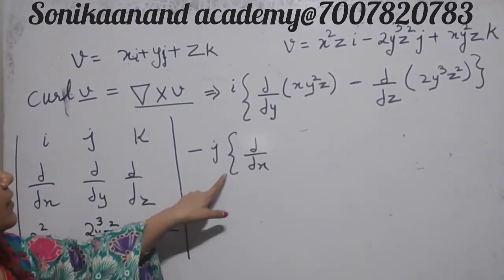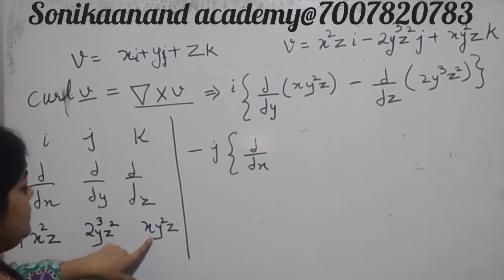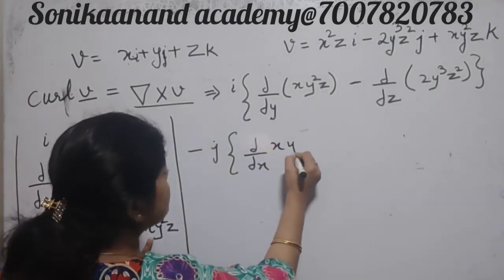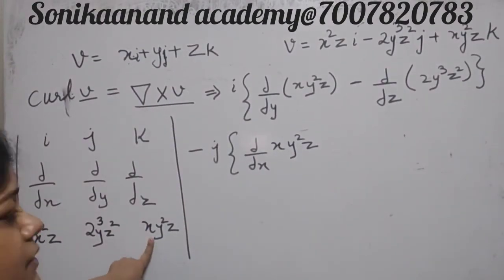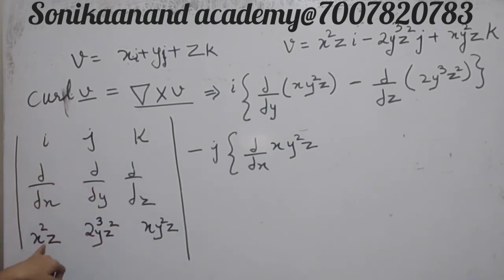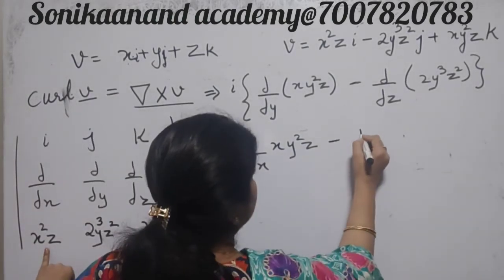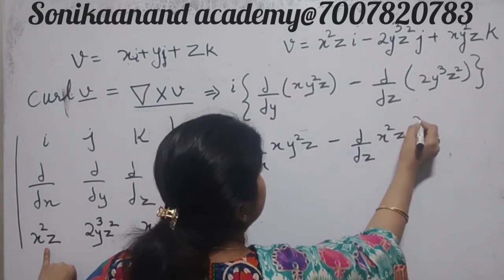Now, for this j, we write d of dx and this one, x y square z, then d of dz, x square z.